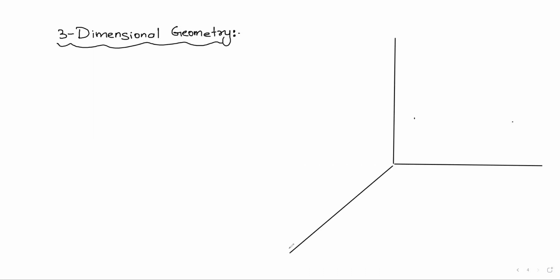In 3D, we have 3 axes. This is X, this is Y, and this is Z. So the first topic is direction cosine.